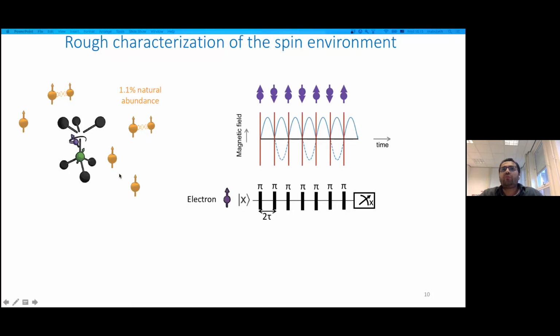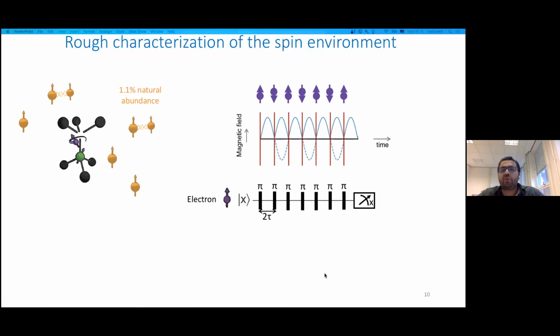Now different nuclear spins in the environment couple differently to the electron spin, and that leads to their precession frequencies being different or shifted from each other. So each nuclear spin would normally precess at a different frequency. And this allows us to detect these different nuclear spins because they have different evolution frequencies.